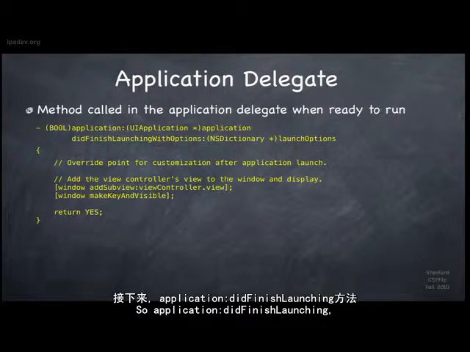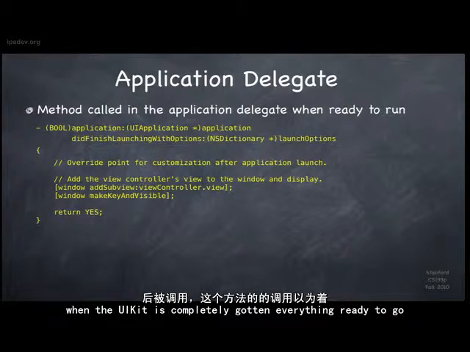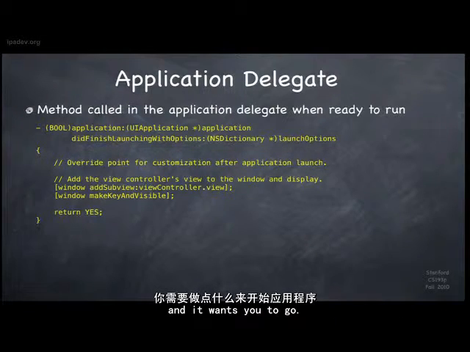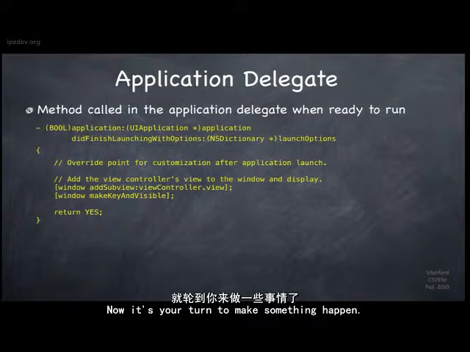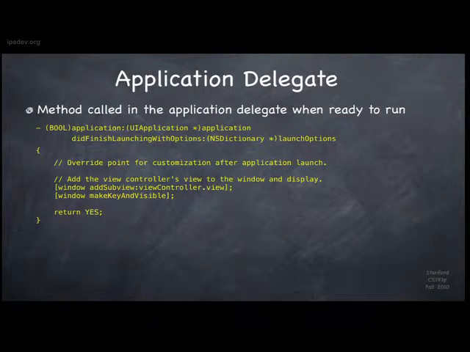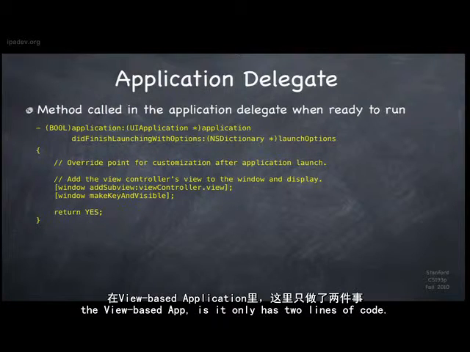So application did finish launching. This is the method that's called when UIKit has completely gotten everything ready to go and it wants you to go. So basically, it's finished launching, it's finished getting going, now it's your turn to make something happen. So what happens here in the HappinessViewController case, the view-based app, is it only has two lines of code.